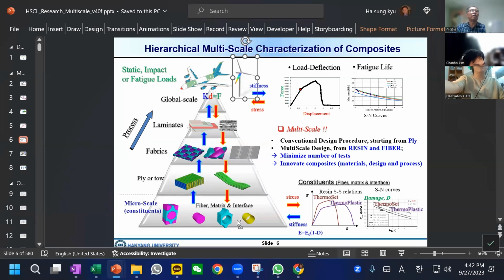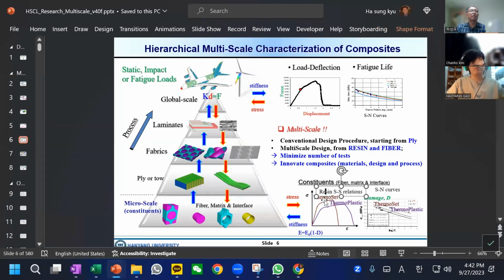So if too much load is applied to the composite, you can see how much load can be carried by the fiber and resin system interface. Well, fiber and resin have their own stiffness or stress-strain curve. So if there is too much load, what will happen? Well, the material will simply fail.